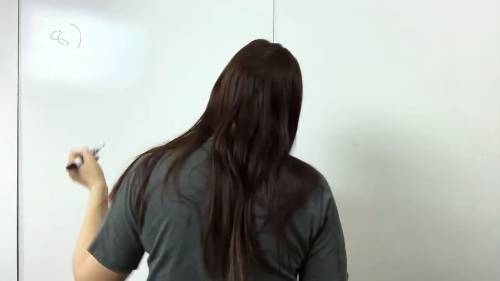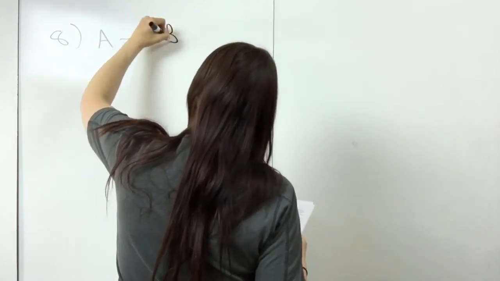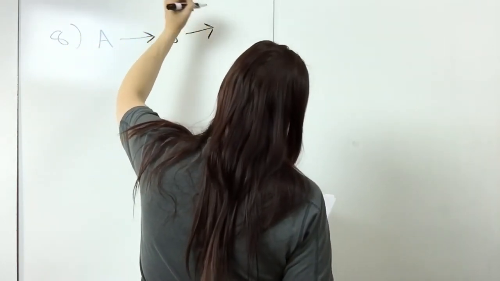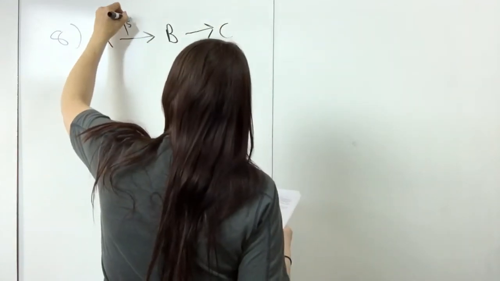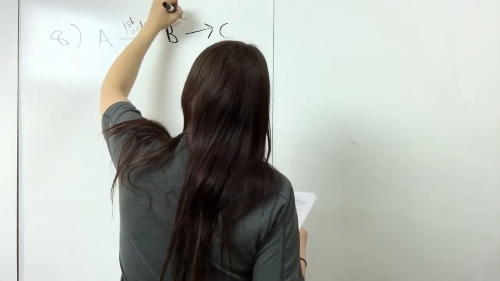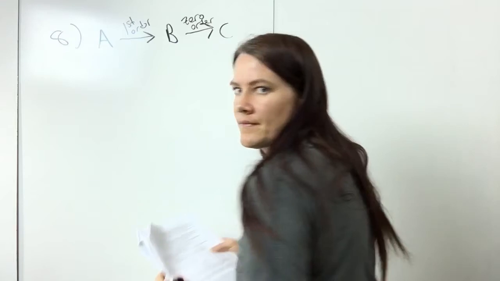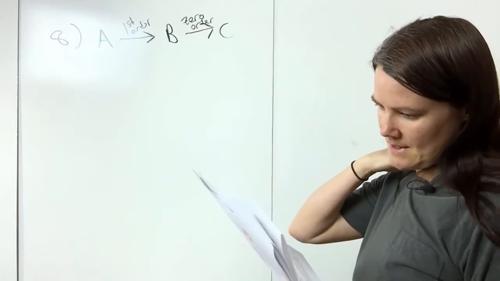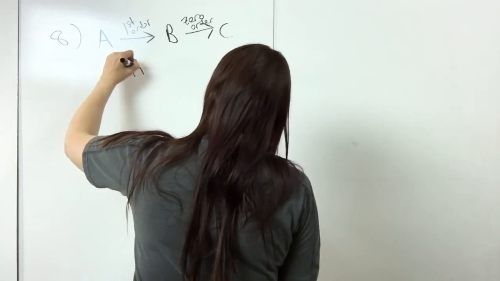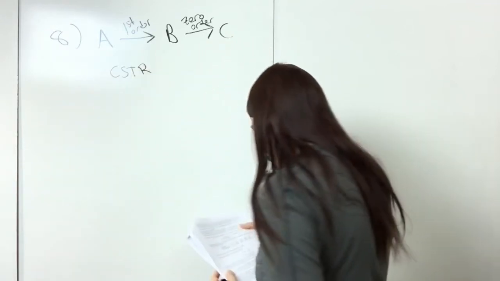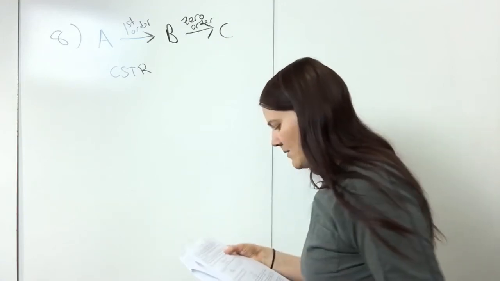Number 8 says you have a series reaction, so you have A to B to C. The first step is first order, and the second is 0 order. It's in a CSTR, and it says derive the concentrations of A and B as a function of residence time tau.